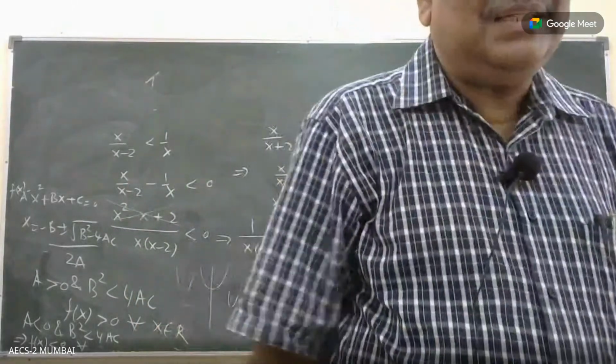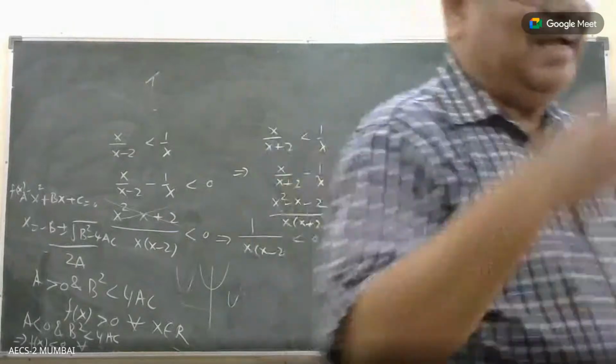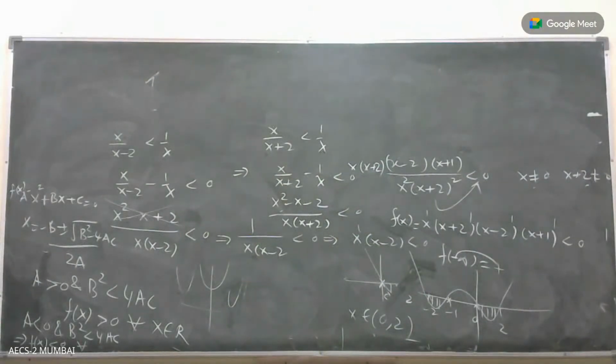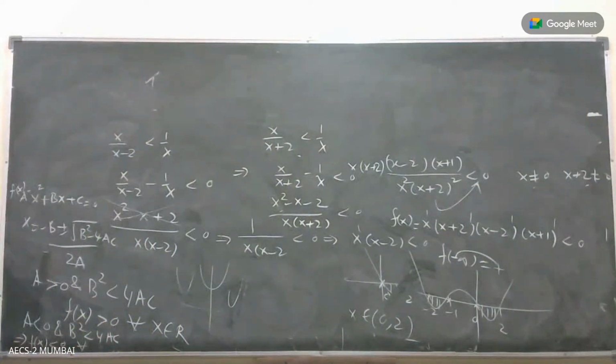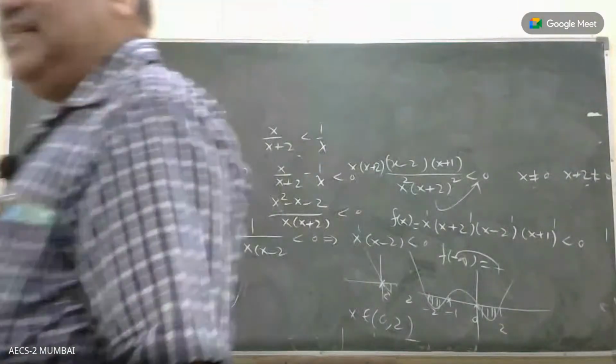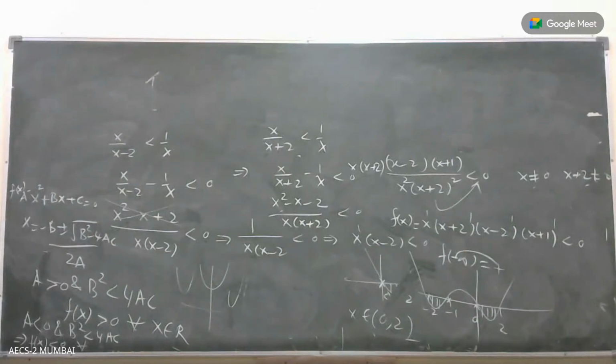If you don't do this, then forget about writing IIT JEE. For a student who is going to write IIT JEE, if you ask him or her this question and the full answer comes out correctly, there's some chance he or she will be selected. If this answer doesn't come, there's no chance. This is the essentials of IIT JEE, essentials of Olympiad. And please ask each other, ask me.